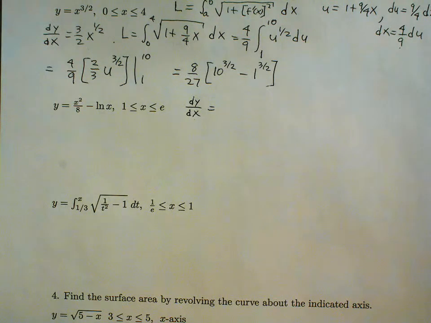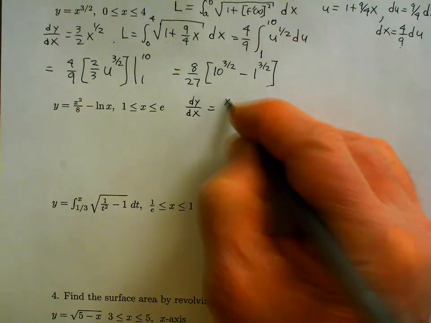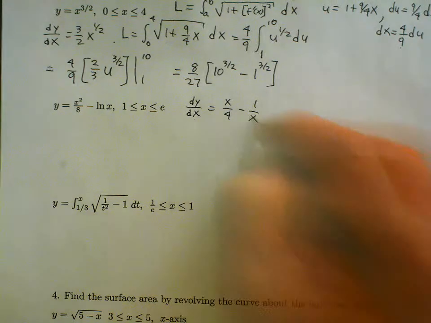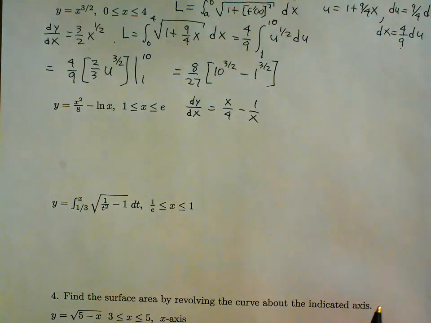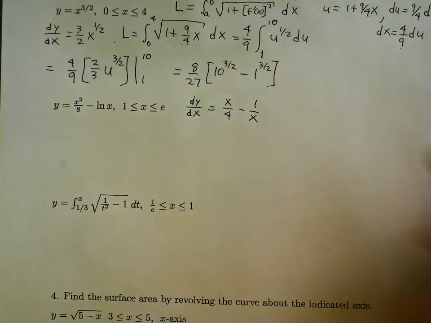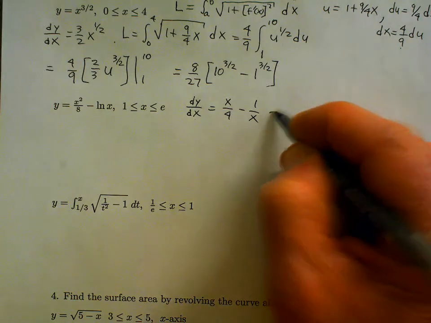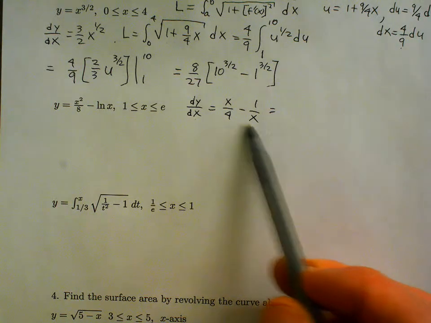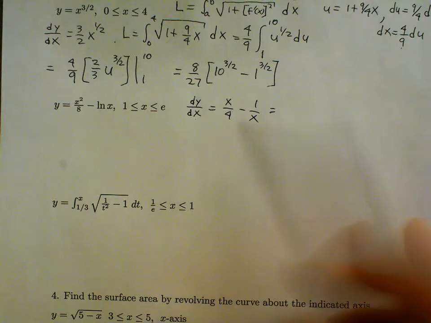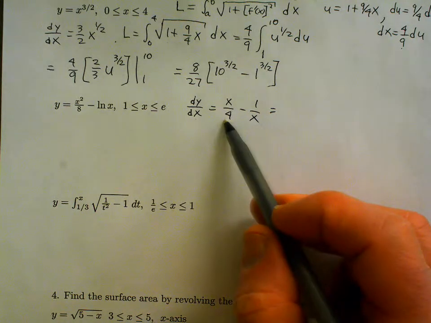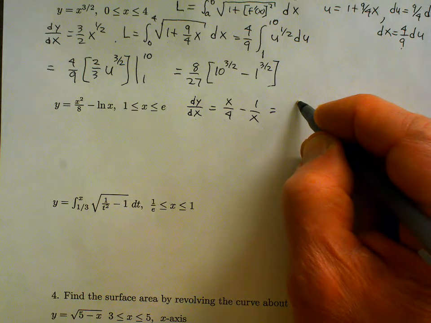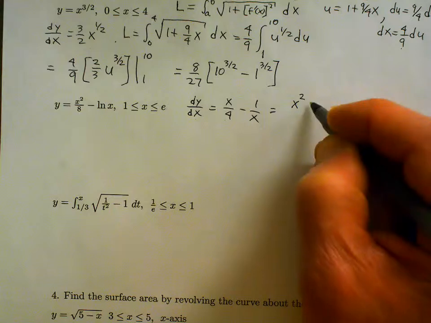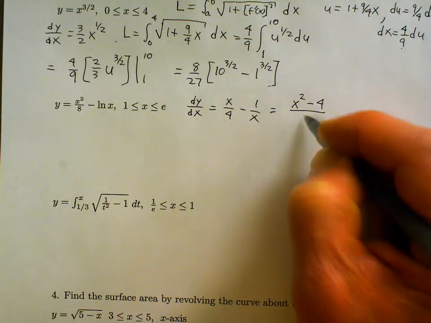We're going to get 2x over 8, or x over 4, minus 1 over x. So maybe if we have a common denominator, which is 4x, combining this with a common denominator, we'll get (x squared minus 4) over 4x.